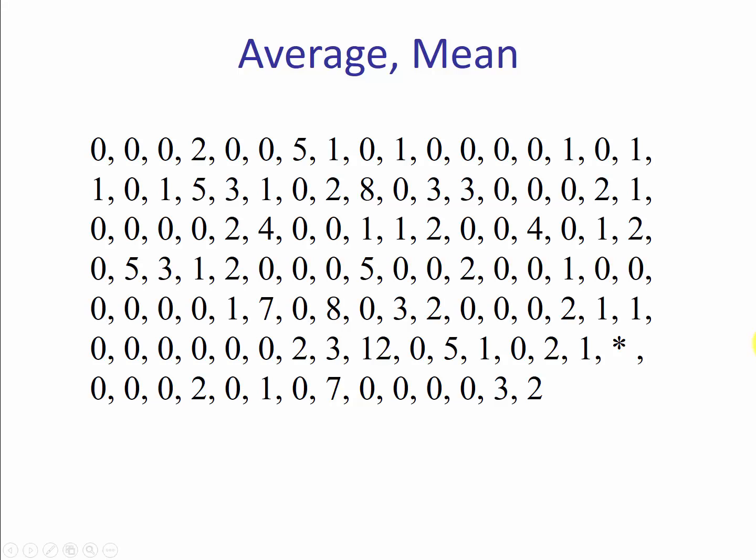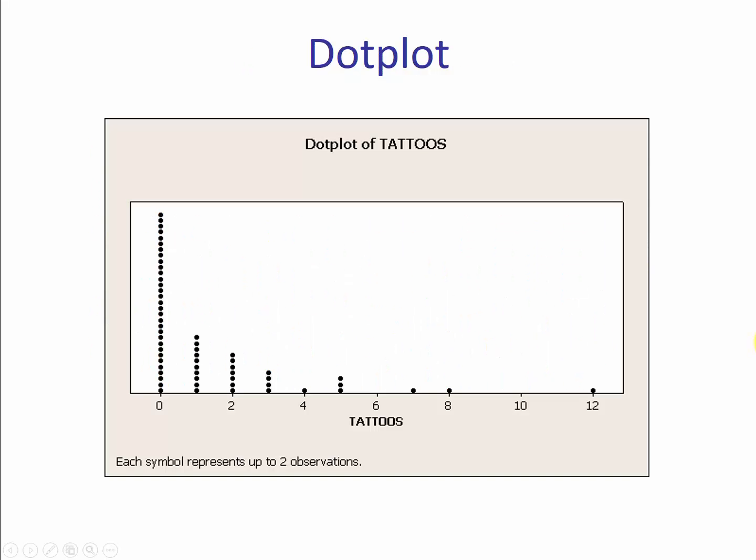So what would this look like in a graph? Well, like before, this is what we call a dot plot. And as we can see, there are more students with no tattoos than any other. And as the number of tattoos increases, the number of students who have that number of tattoos decreases.